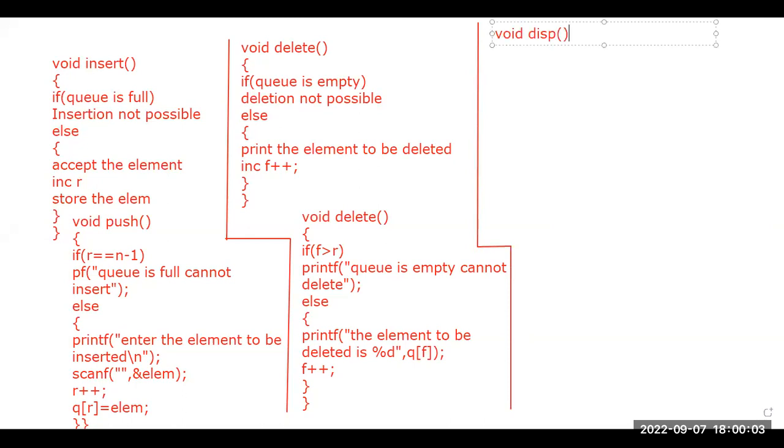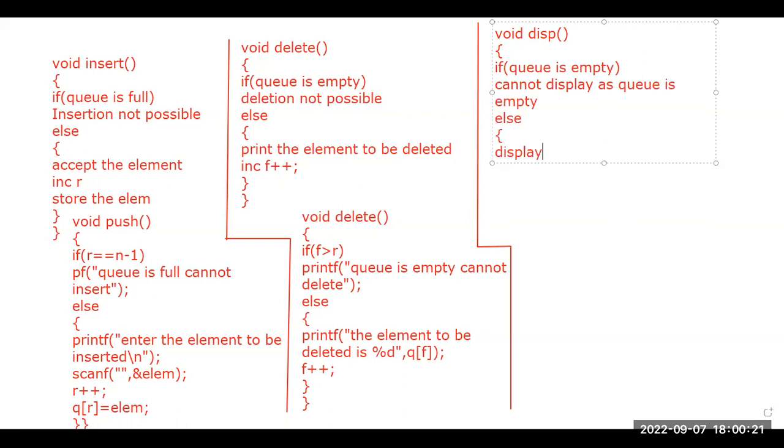If Q is empty, then what should I say? Cannot display as Q is empty. In the else part, display from front till rear. Am I right?